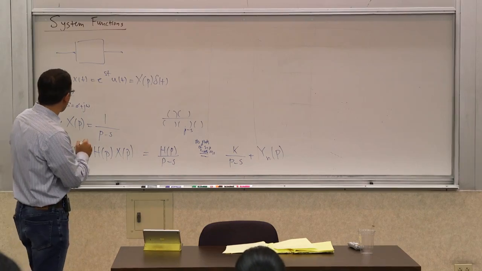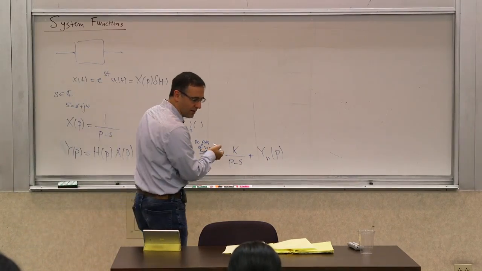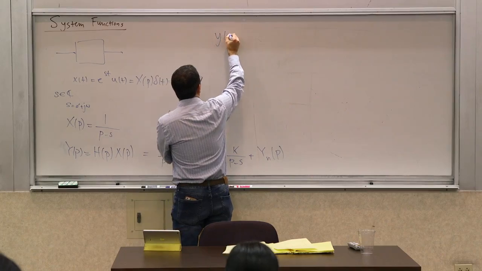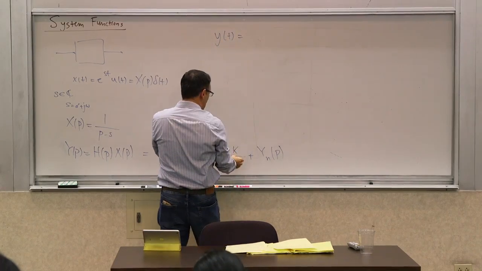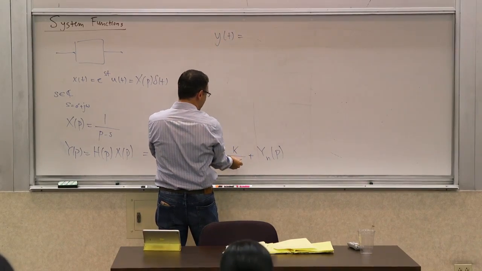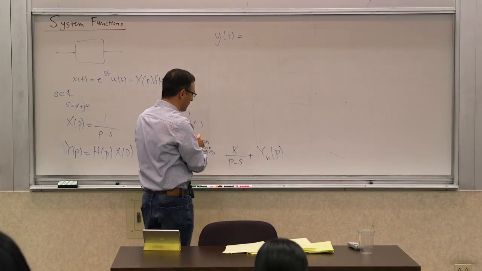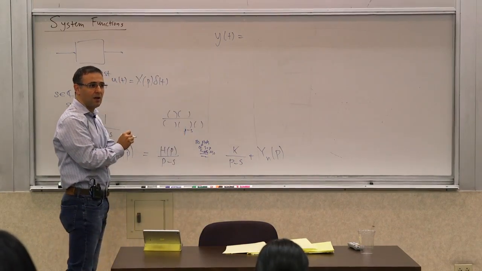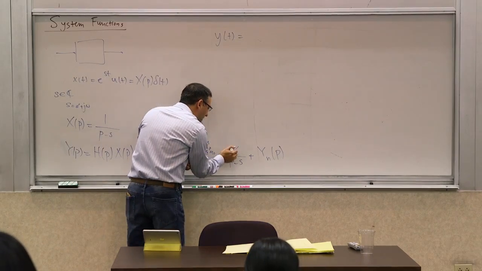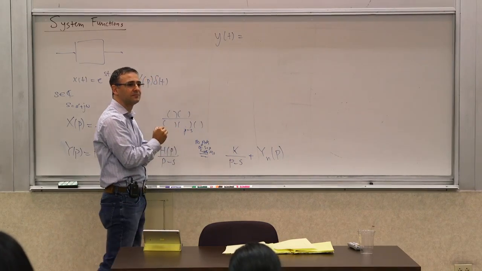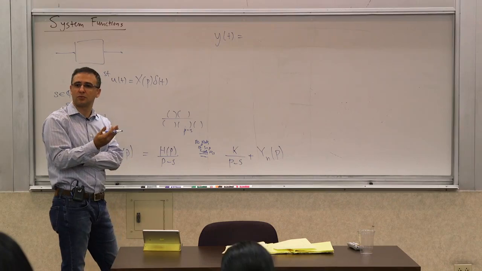So what is this response? What is y of t like? If you look at y of t, it would be this k times the response associated with 1 over p minus s. If I were to do this partial fraction expansion, how would I calculate this k? What was our methodology?